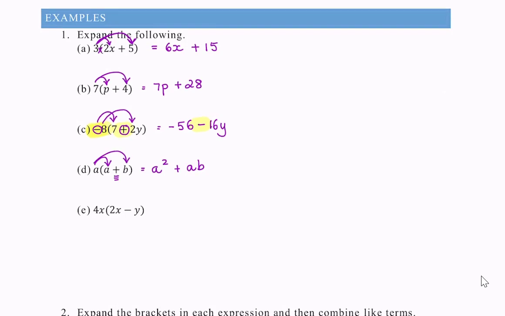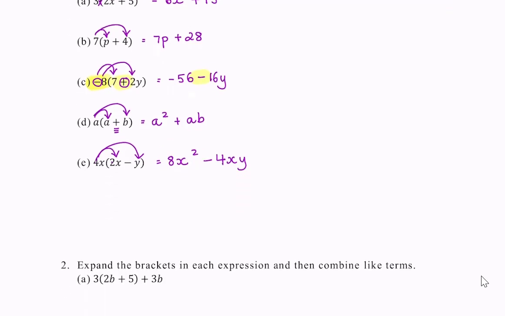So part E is the same, 4x times 2x. Well, 4 times 2 is 8, and x times x, you know, is x squared. Minus 4x times y is just 4xy. And that's just the basics of expanding brackets.